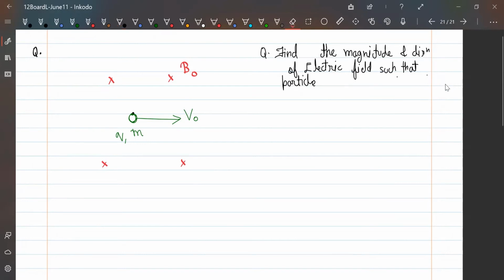Such that particle's velocity just does not change. Magnetic field is into the plane everywhere. Value is B naught. Anyone got the answer?